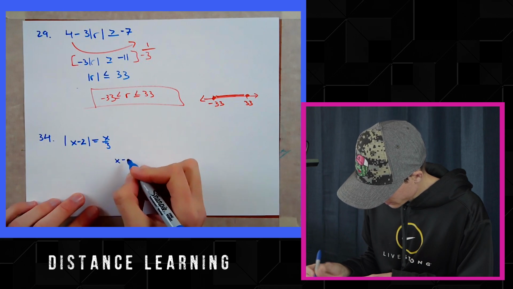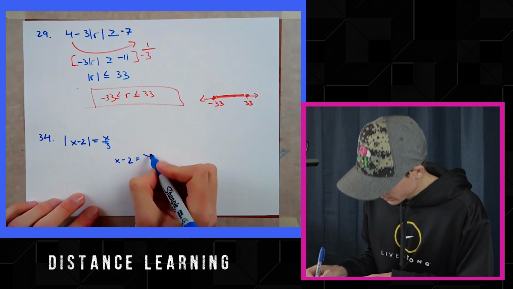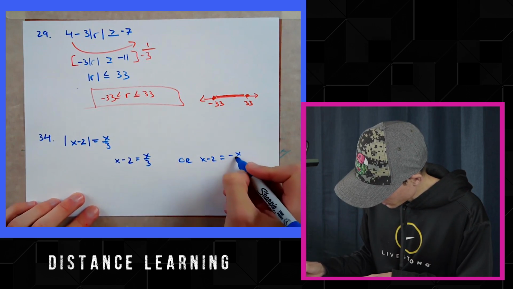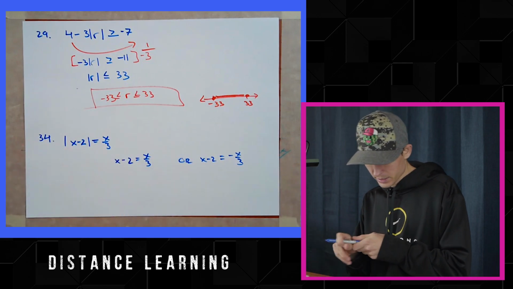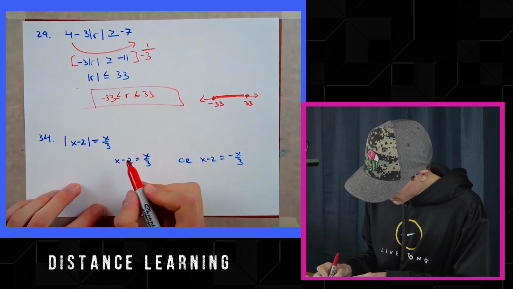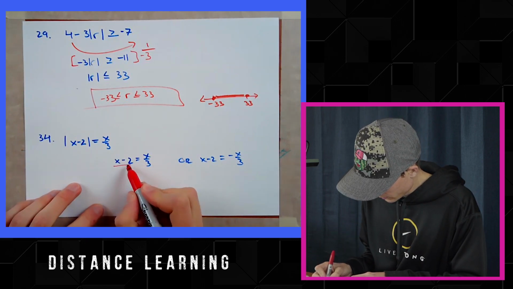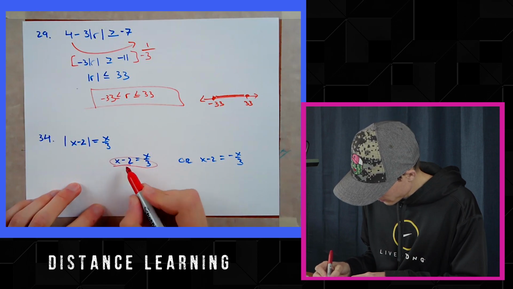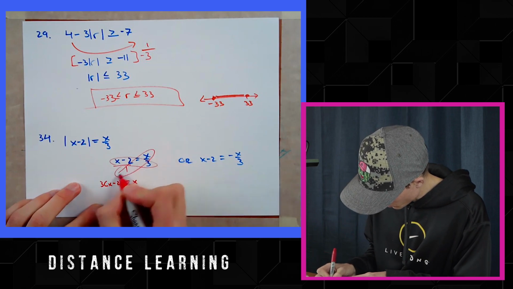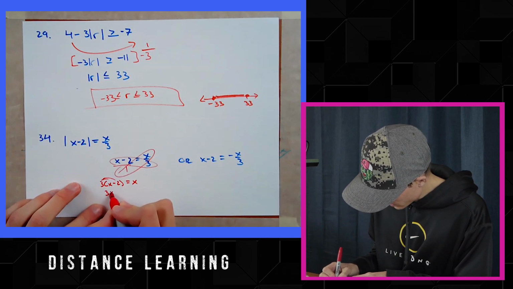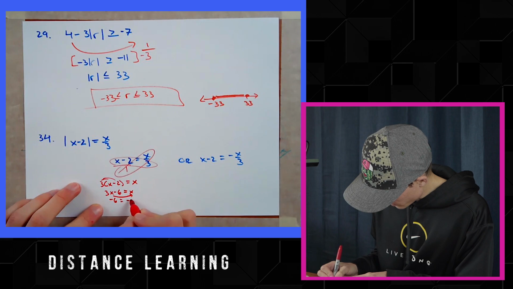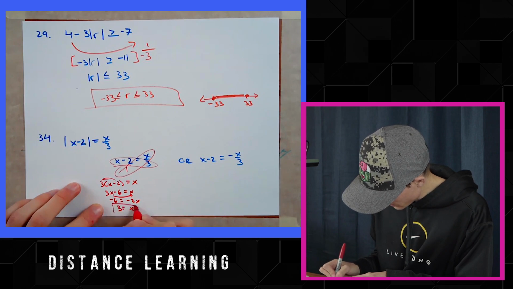X minus 2 is going to equal x over 3, or x minus 2 will equal negative x over 3, right? It could be negative or it could be positive, one of the two. I am going to cross multiply. 3 times x minus 2 equals x times 1. 3x minus 6 equals x, so minus 6 equals minus 2x, so x equals 3.